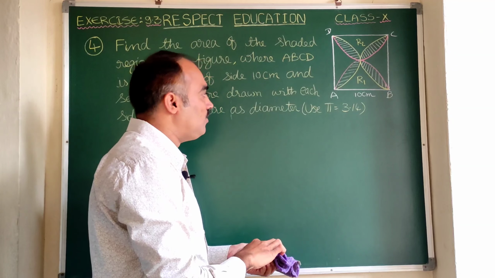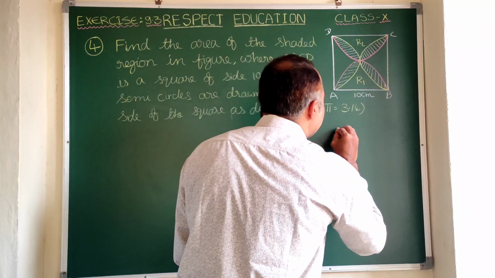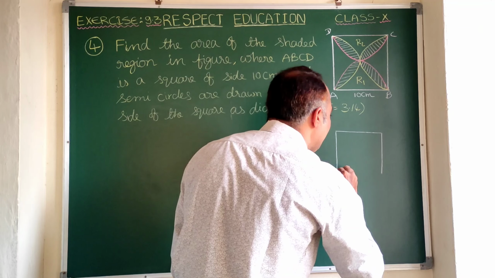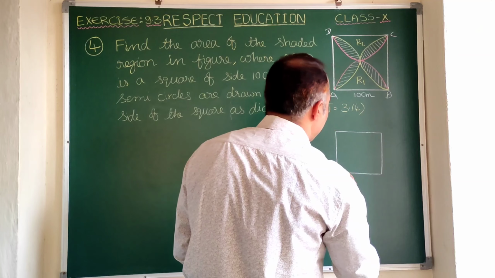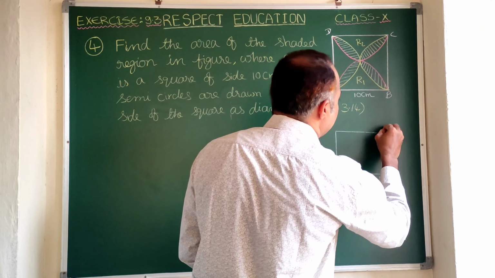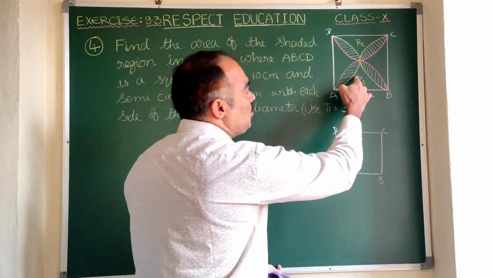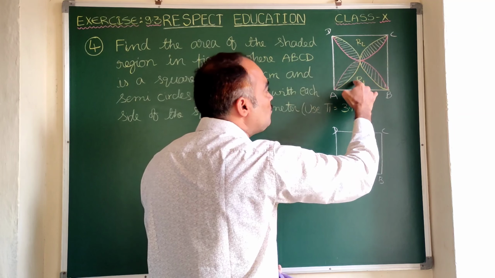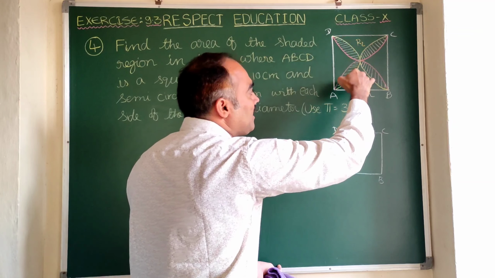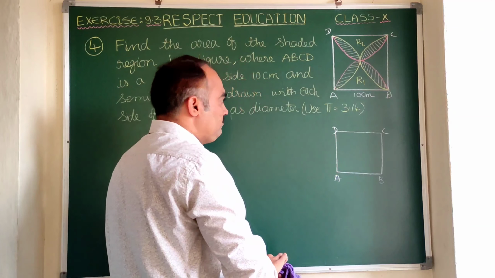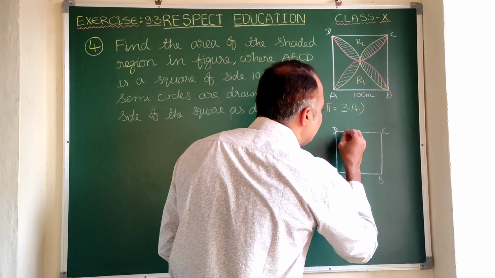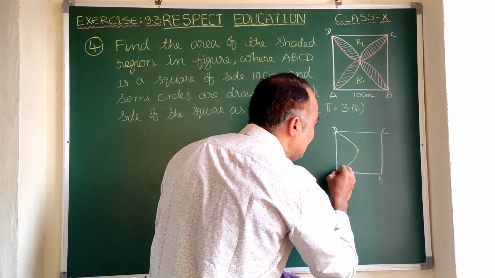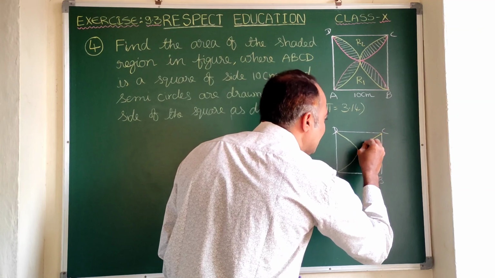In the first case, let us consider this square ABCD. To get R1 plus R2, these two are required. So let us subtract these two semicircles. This semicircle and this semicircle.